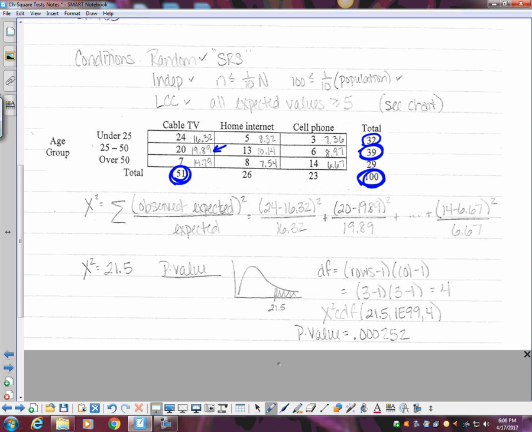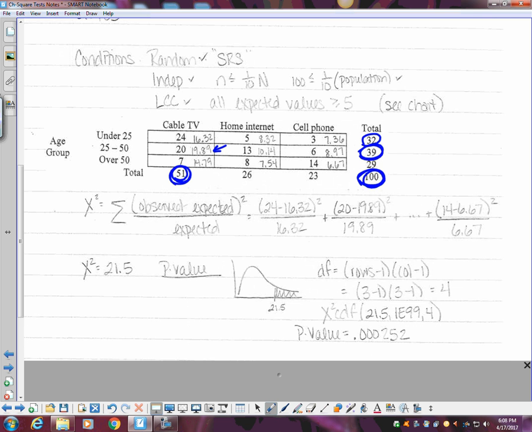Okay, so now that I've done my conditions, I'm ready to go to chi-squared. I'll write my formula. I'm doing a couple, look where these numbers come from, over that, and then a little dot, dot, dot. But then I went straight calculator, and I put my 24, 27, 5, 13, 8, 3, 6, 14, all in my L1, and then all of these went in my L2.